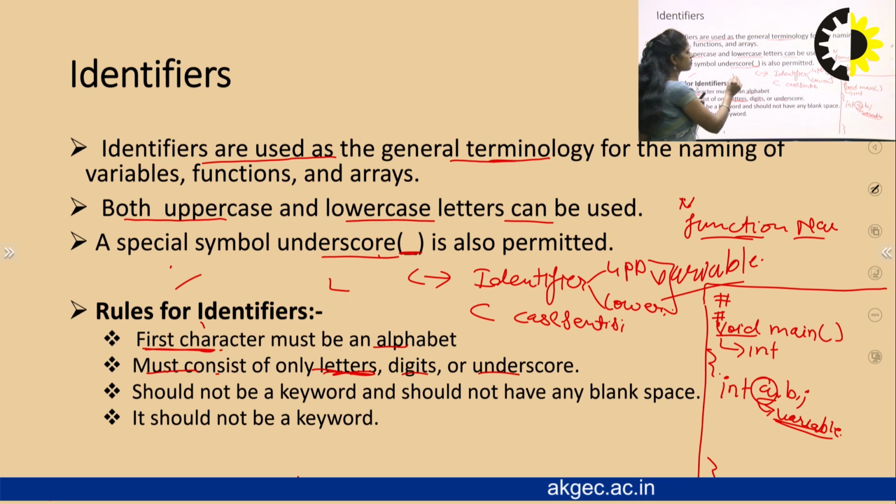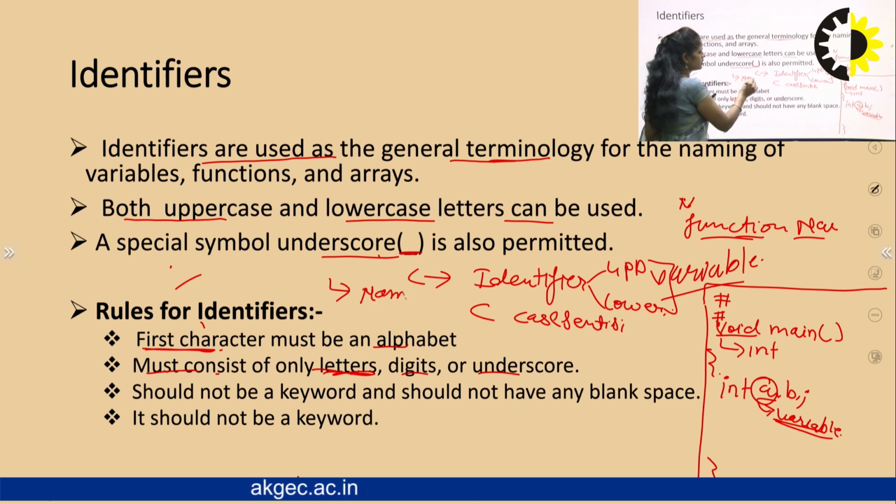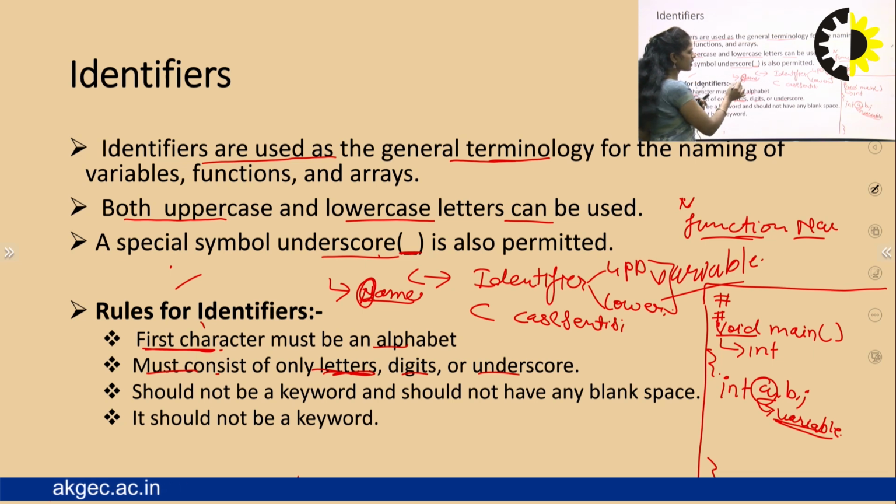So basically what we want to say here, like I am telling a name. So name, this is the first character and it is always a valid identifier name.